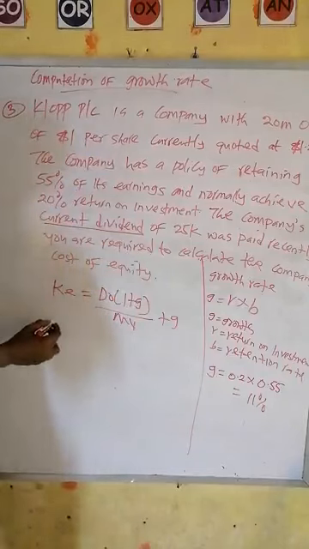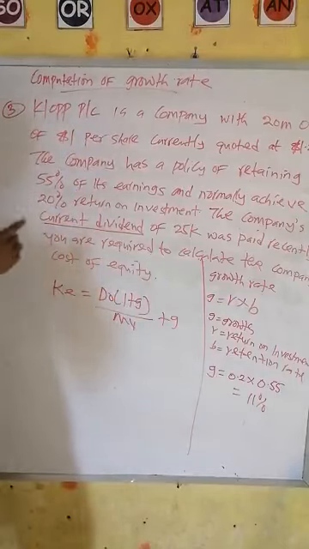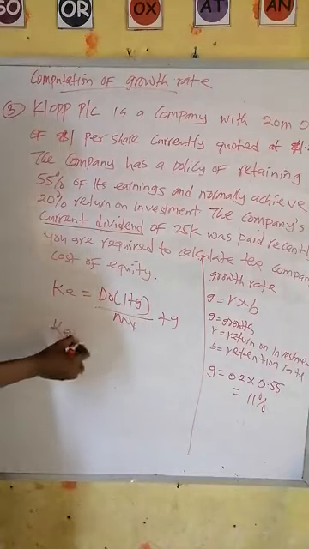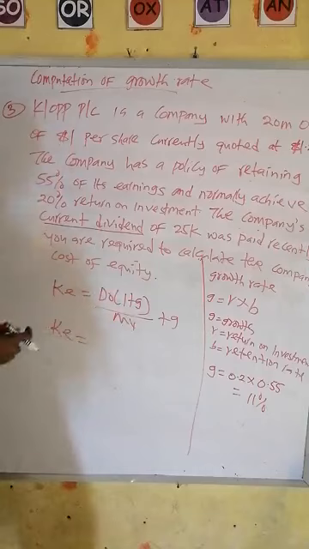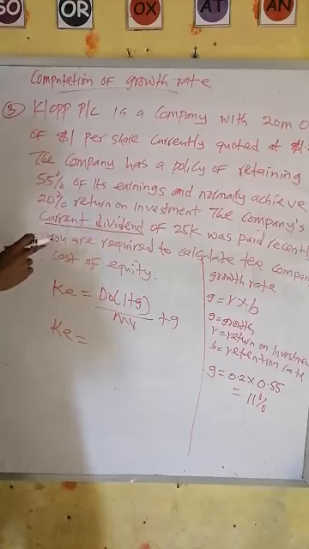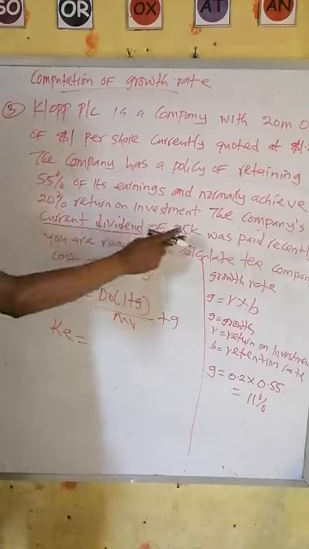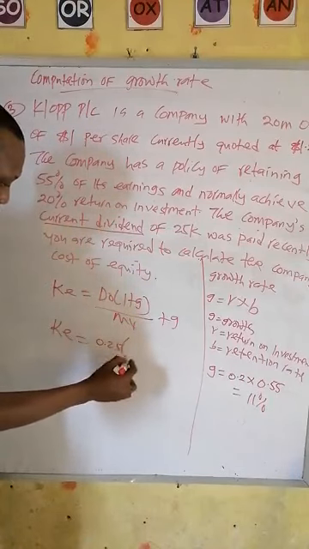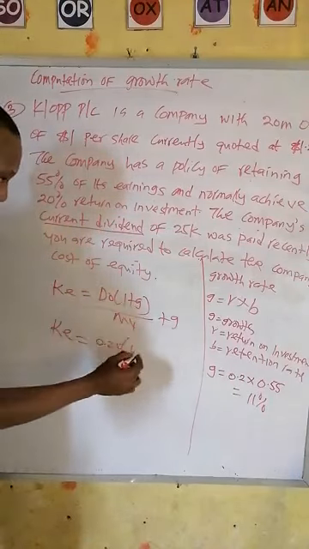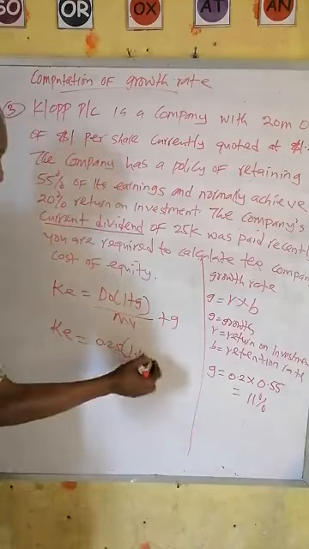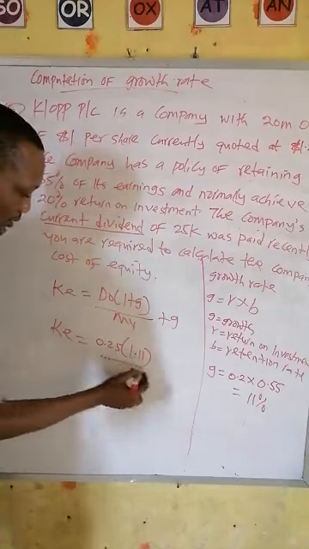So our KE, the cost of equity, that's what I'm looking for. KE is equal to, what's our D0, the dividend in year 0, given to us in the question? Okay, current dividend of 25 kobo, that is 0.25, open a bracket, 1 plus G, what's our growth rate? 11%, that's 0.11, close the bracket, everything over market value.